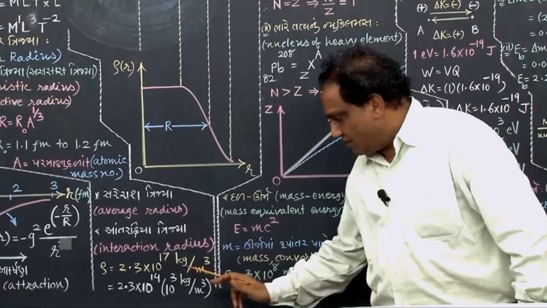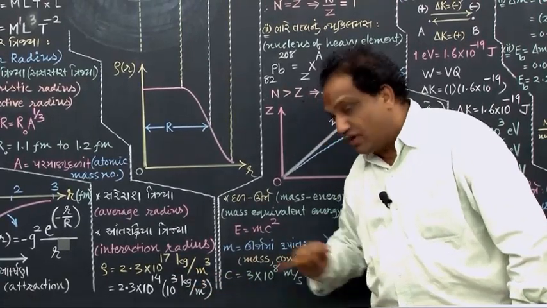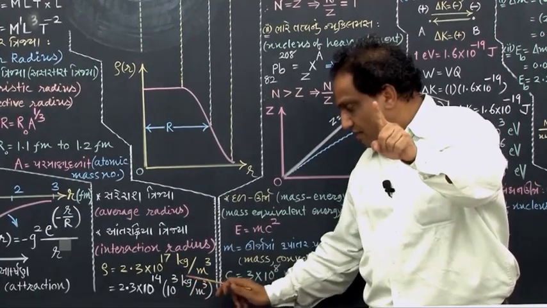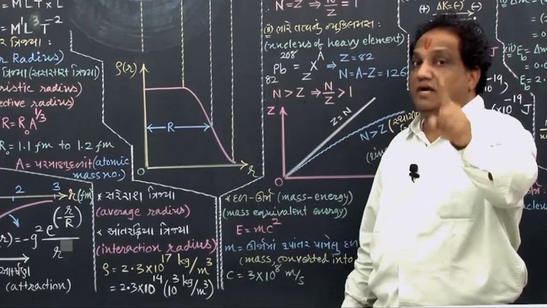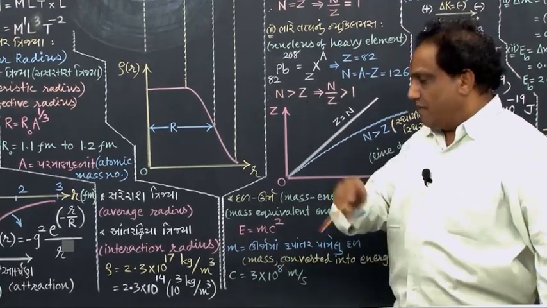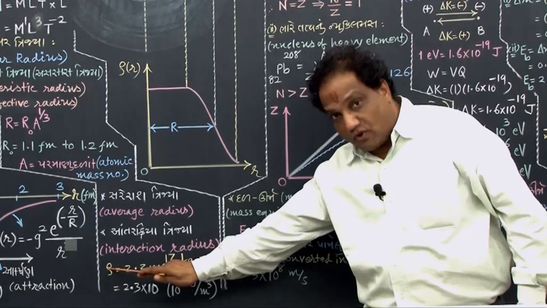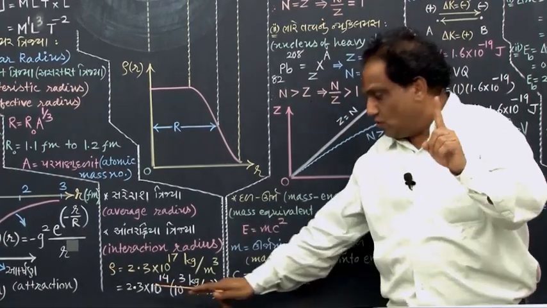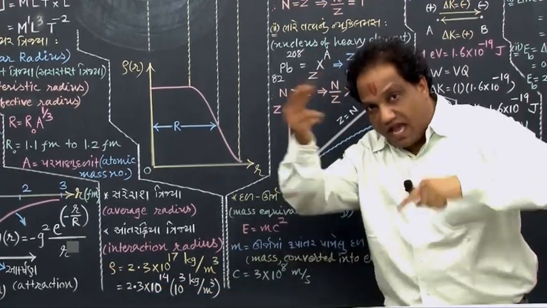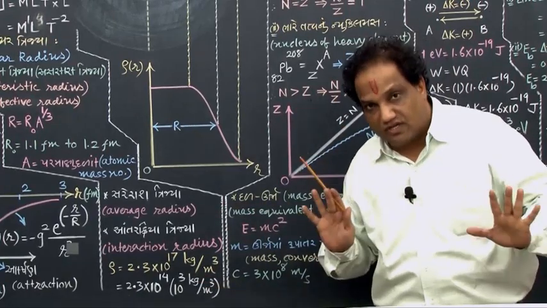But now tell me, what is this 10 raised to 3 kilogram upon meter cube? It is 1000 kilogram upon meter cube. It is nothing but density of water. So remember, density of material of nucleus is 2.3 into 10 raised to 14 times the density of water.